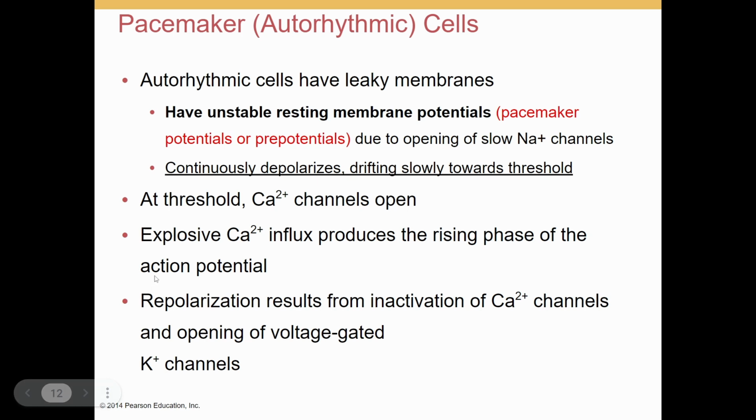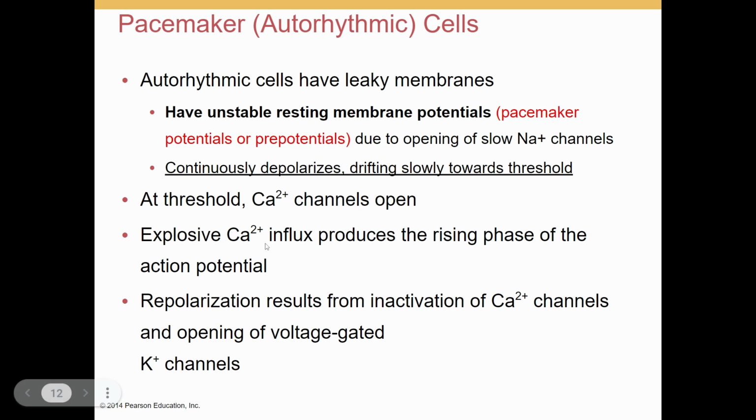Autorhythmic cells have leaky membranes. That is what allows them to generate their own electrical potential. They essentially have an unstable resting membrane potential. It's kind of like a pre-potential. And the slow opening of sodium channels allows a slow depolarization that eventually reaches threshold. And when threshold is reached, calcium channels open.